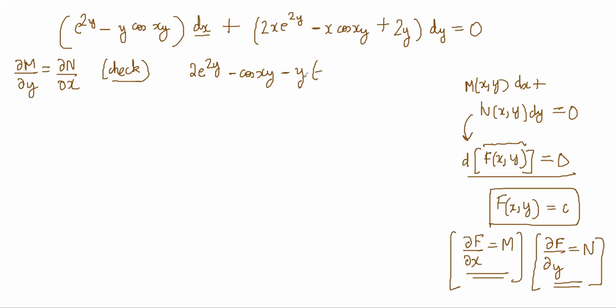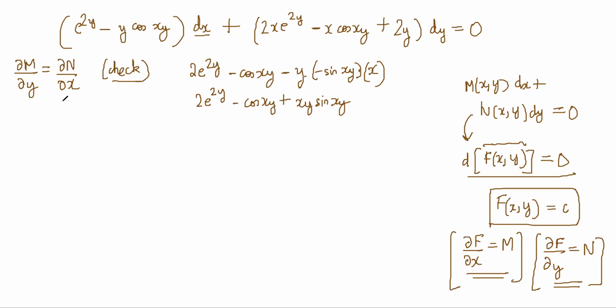With respect to y, I have to do. Okay, this seems correct. I first differentiated the y part, and now I'm going to differentiate the minus cos xy. Minus sin xy into x. So this becomes 2 e power 2y minus cos xy plus xy sin xy.